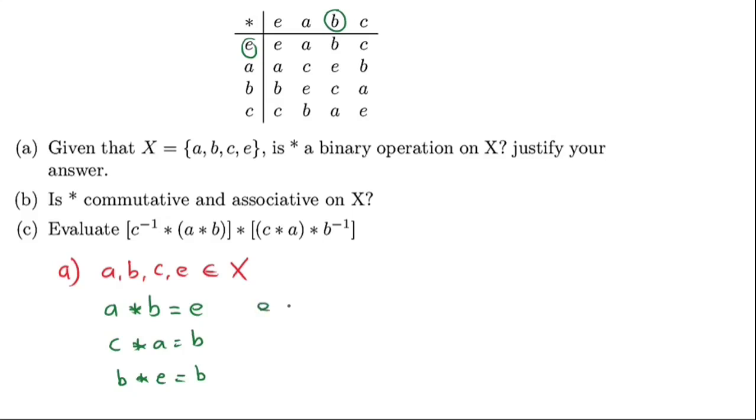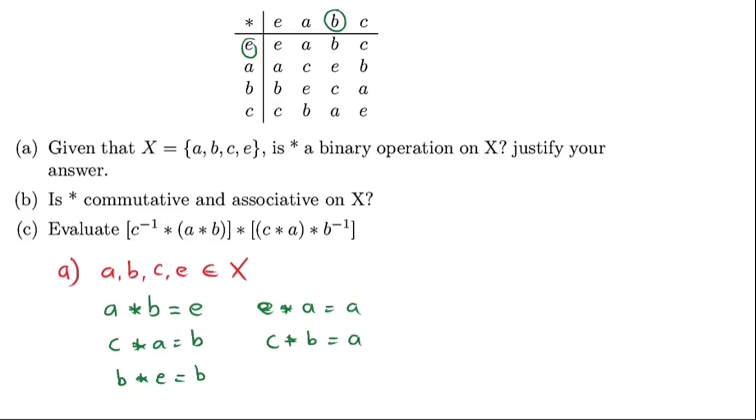Another one, let's say e star a. So e star a gives us a. The last one, let's say c star b, for example. So c star b gives us a.